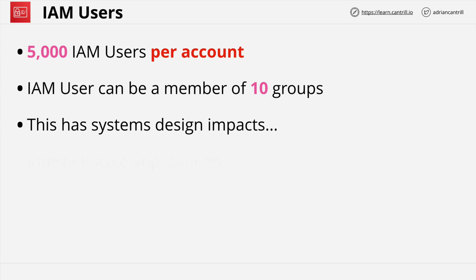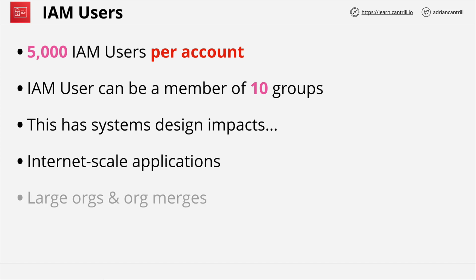So this might be a limit for internet scale applications with millions of users. Or it might be a limit for large organizations which have more than 5,000 staff. Or it might be a limit when large organizations are merging together. If you have any scenario or project with more than 5,000 identifiable users, so identities, then it's likely that IAM users are not the right identity to pick for that solution.